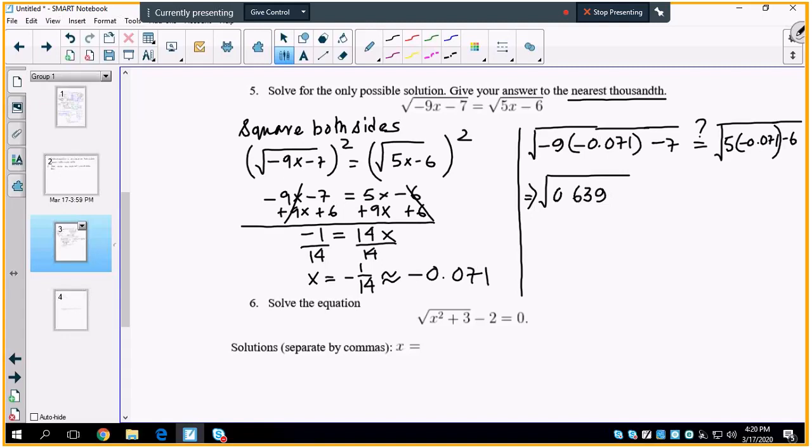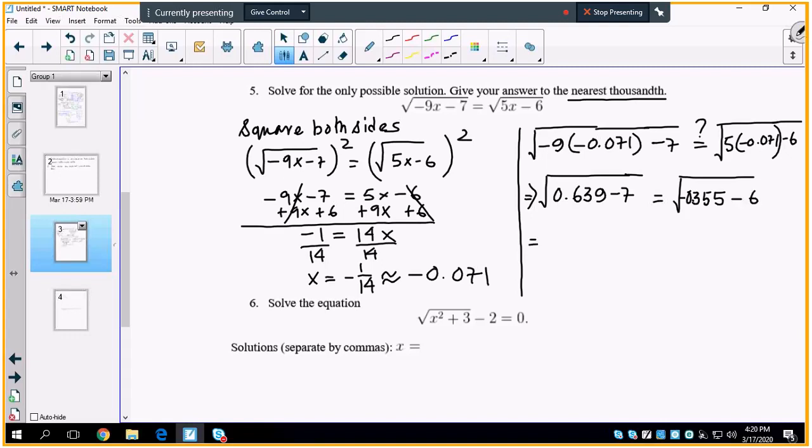So that should be a positive 0.639 and minus 7. On the right hand side, if you multiply 5, you get 5 times 1, which is 5. 5 times 7 is 35, so 3 carries on. 5 times 0 is 0, plus 3 is 3. So that should be a negative 0.355 minus 6.